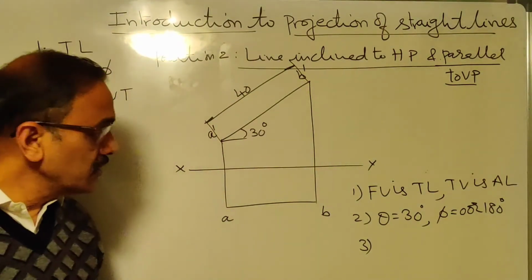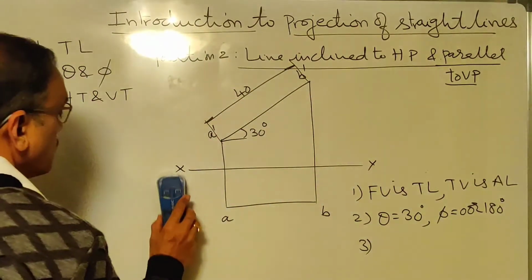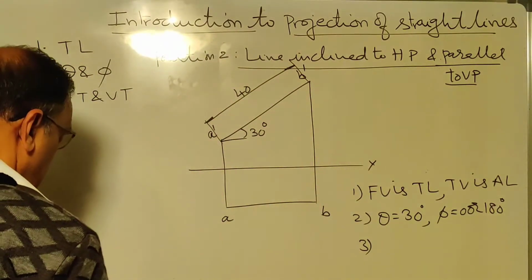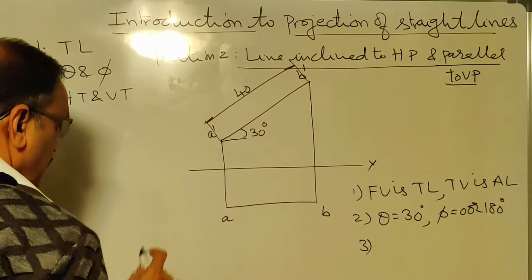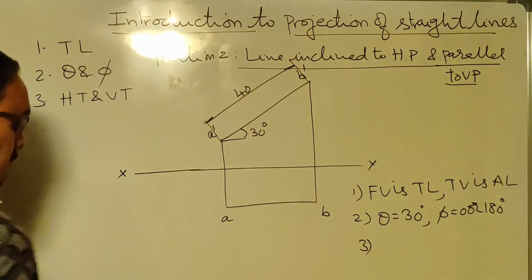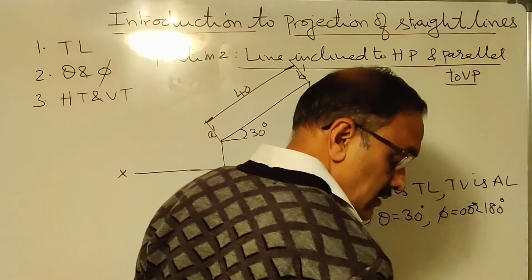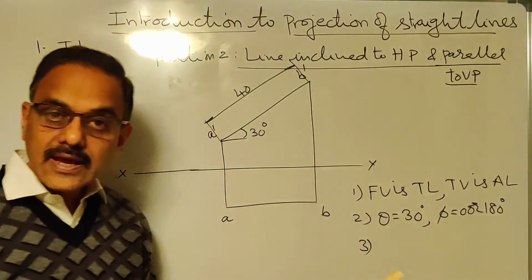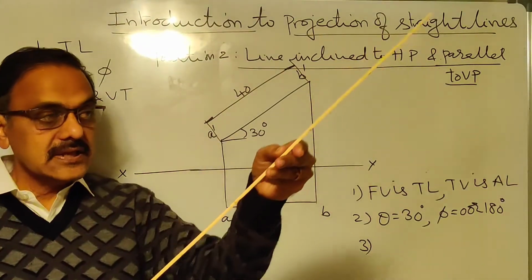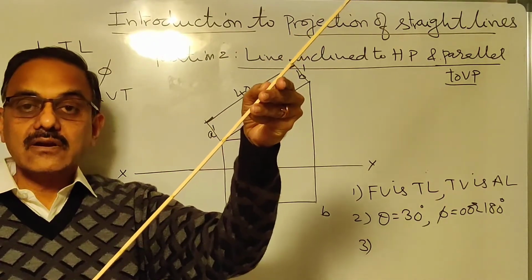Yes. Let us come to the traces part now. Will this line have horizontal trace? Yes. The line is inclined to HP, so this will have horizontal trace.